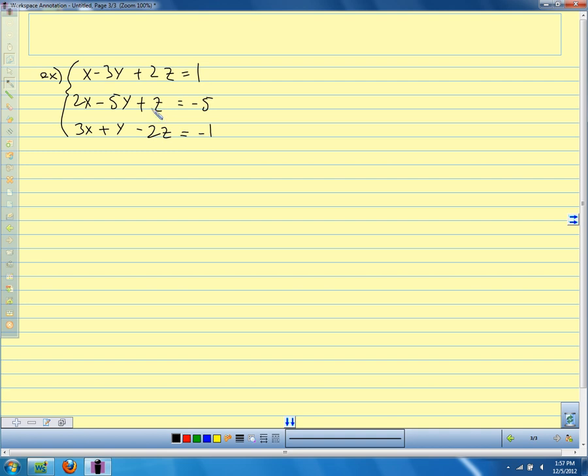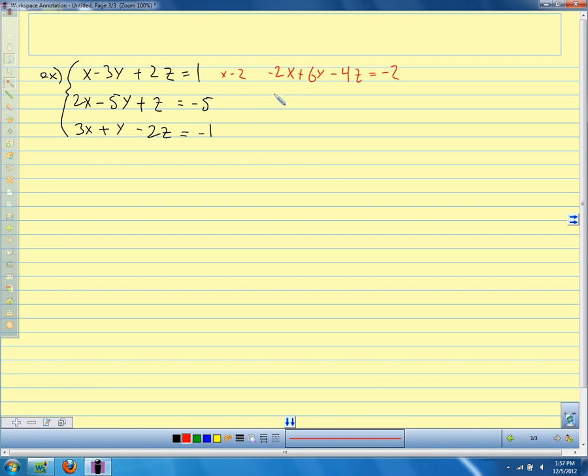Multiply the first equation by negative 2. So I'm going to multiply by negative 2, and I'm going to rewrite my system after I do that. If I multiply this by negative 2, I get negative 2x plus 6y minus 4z equals negative 2.